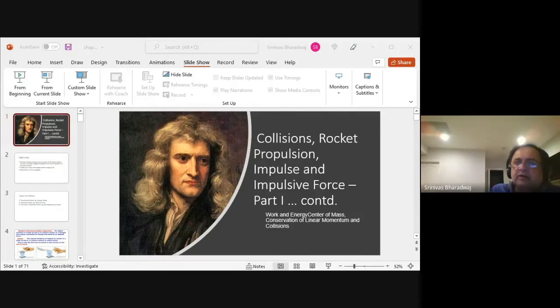Because this direction is what? Started with 2m times v, right? So the initial momentum was 2m times v, right? So the final momentum also has to be 2m times v. So it has to be 2v in this direction. This is wrong, right?